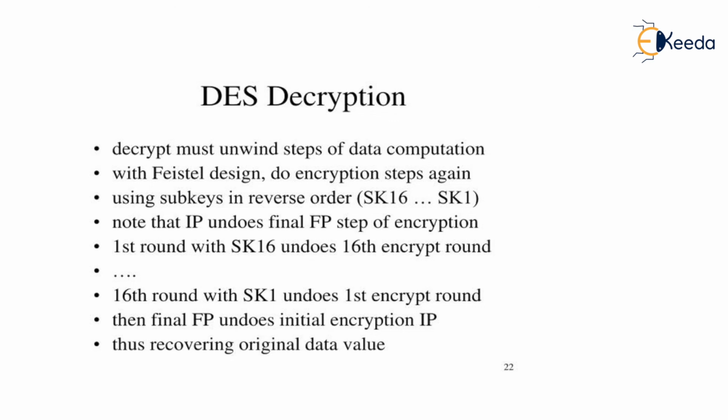So if we are going in the reverse order, the 16th round output will undo the first encryption round. That means whatever output we get from the first encryption round will produce the plain text of this 16th round, and then the final function undoes the initial permutation of the encryption process, thus recovering the original data value.